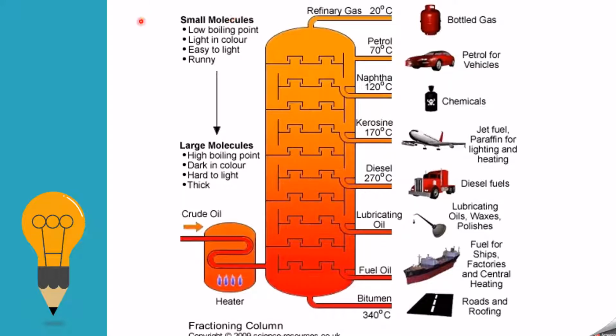Even if you memorize just one set of trends of the fractional distillation column, you will be able to work out the other trend for the large molecules. If we memorize just the small molecule trends, we can easily work out the large molecule trends by finding the opposites. If small molecules have a low boiling point, large molecules will have a high boiling point.